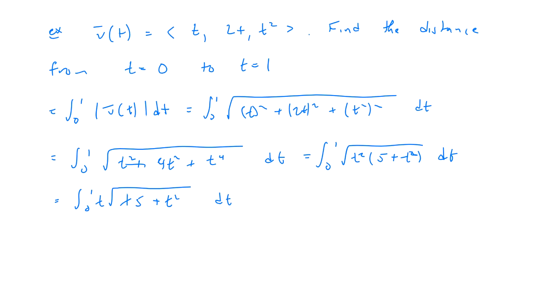And this integral I can do. How would I do the antiderivative of this? And I'll see if I actually have enough space to do it. So what method? Now it's supposed to be inside the square root, just 5 plus t squared.